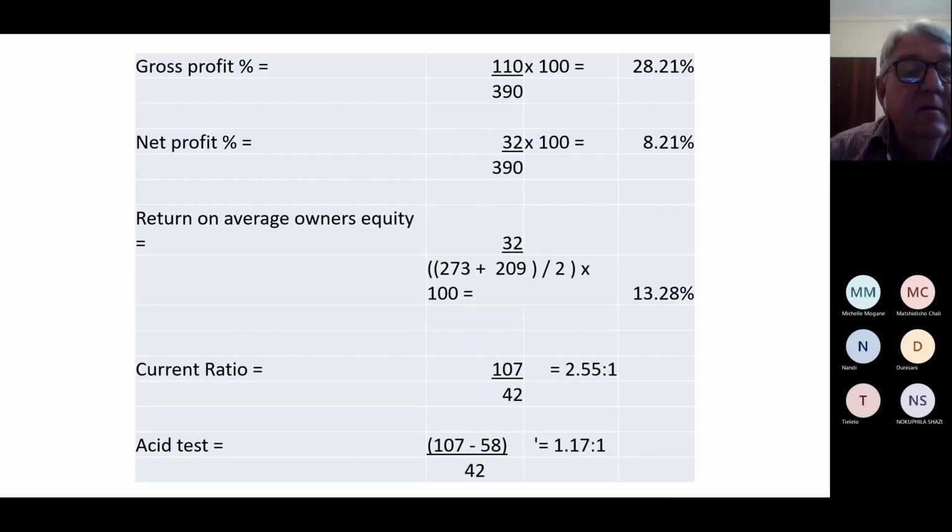And there's our profit divided by our owner's equity. The 32 is your net profit divided by 273 plus 209 divided by 2. That gives you your average, times 100. And that's 13.28%.